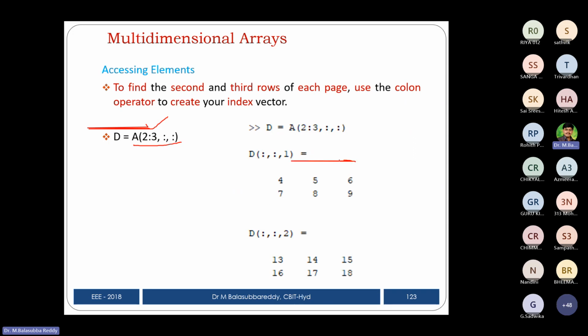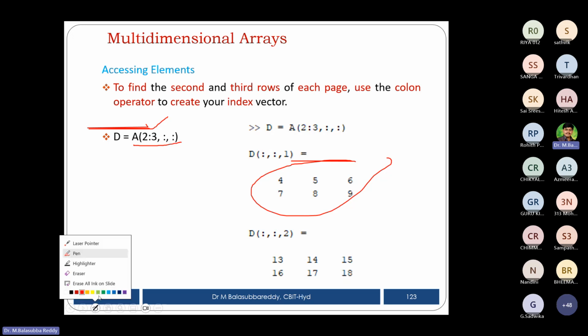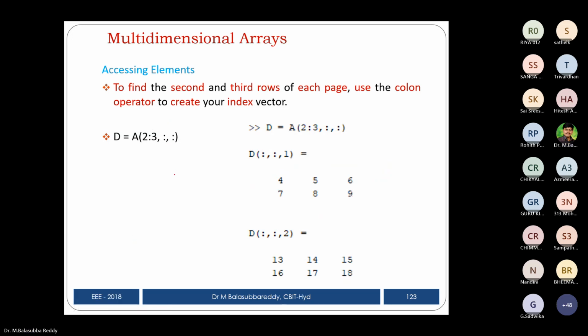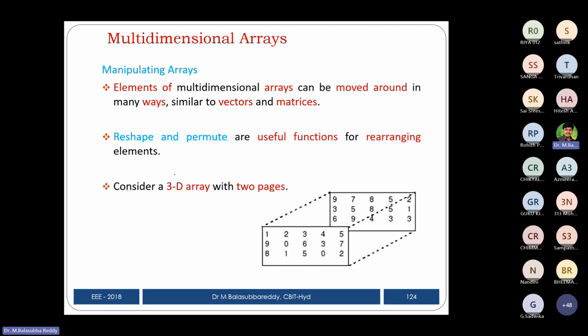So this is your answer. Like that, we can easily retrieve the information by using the colon operation or by giving the row number and then the column number. We can easily identify your answer. That is the way we can retrieve the information with different page numbers.